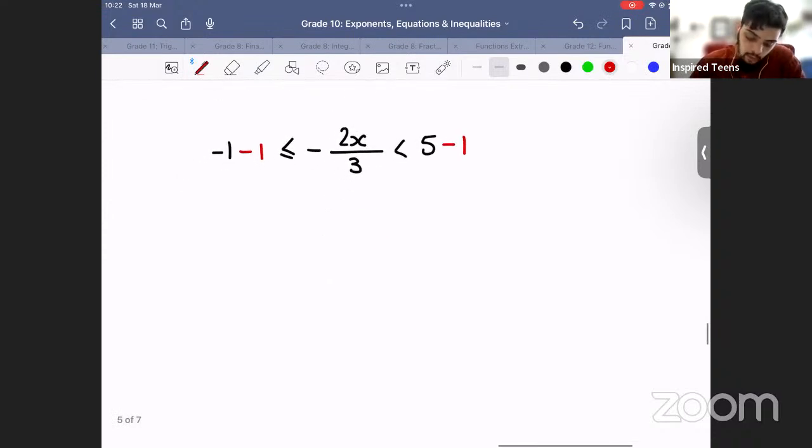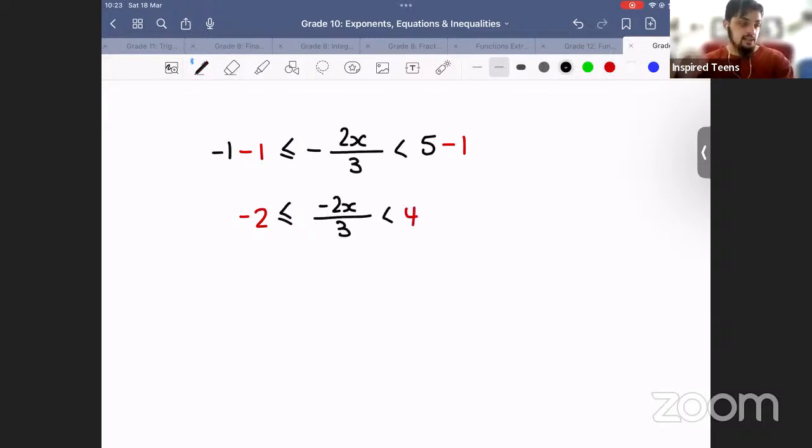Let's simplify. 1 minus 1 minus 1, that's minus 2, less than or equal to negative, I'm just going to keep the negative with the top, it's easier that way, 2x over 3. Five minus 1 is actually 4.